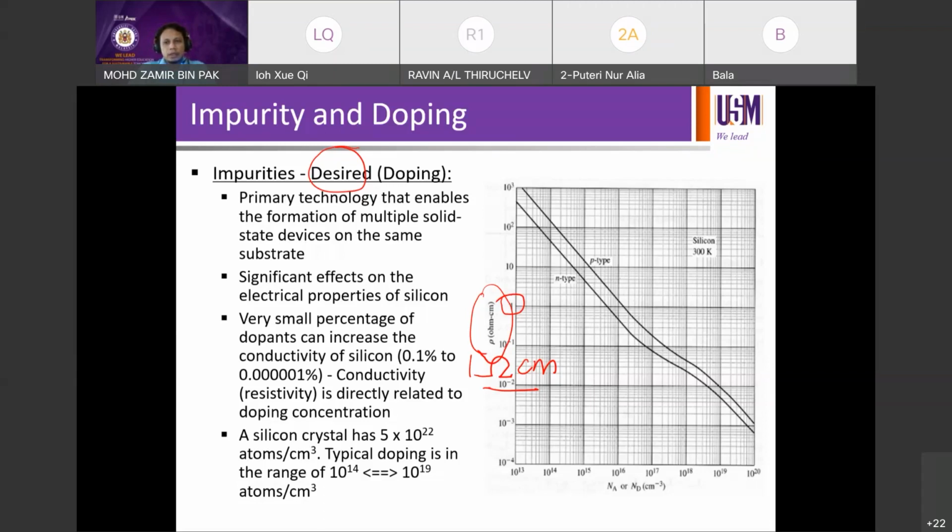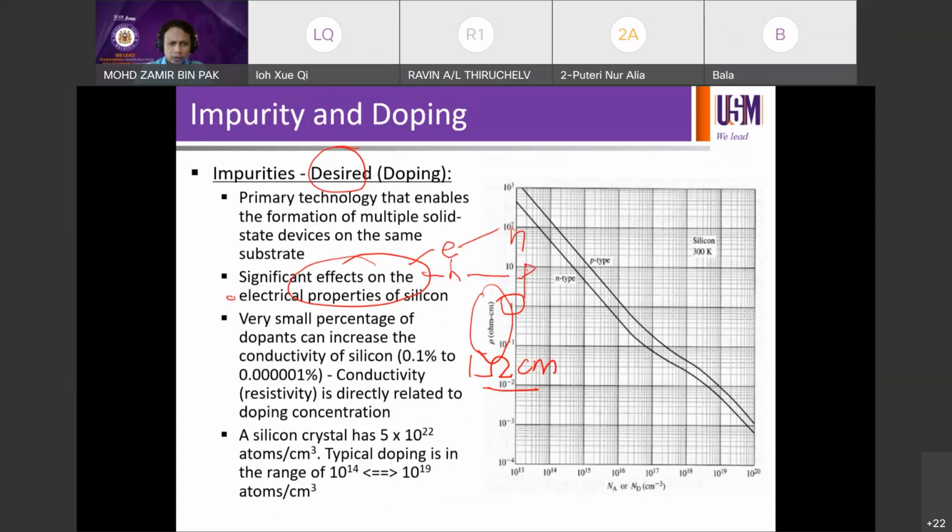So in essence, the doping process has a significant effect on the electrical properties of silicon. Because we discussed on the previous page that the doping process will alter the level of electrons or holes in the semiconductor material. So if you incorporate more electrons, your semiconductor is going to get more n-type or more negatively charged. Or on the other hand, if you incorporate more holes, your semiconductor is going to get more p-type or more positively charged.